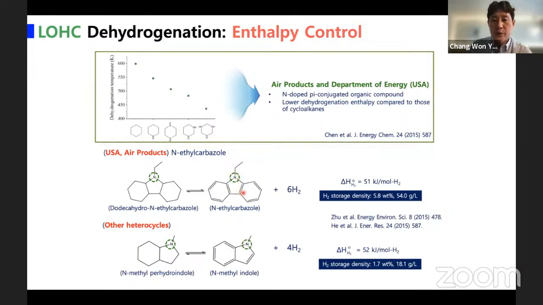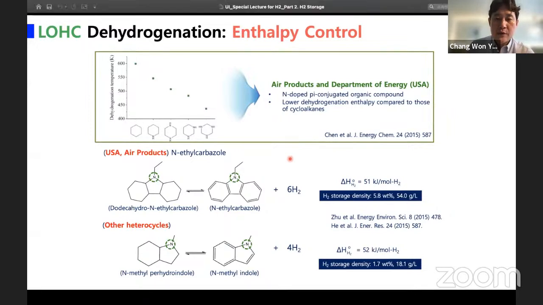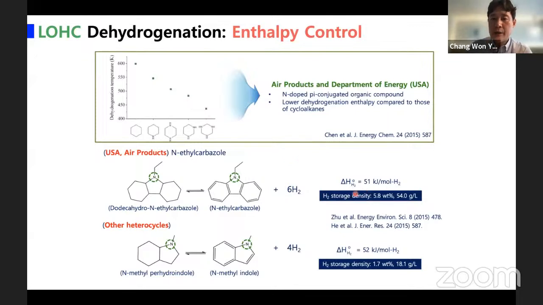In this way, when you store hydrogen, the stored hydrogen is released through an endothermic reaction, and the endothermic reaction enthalpy can be decreased to 50 kilojoule per mole hydrogen. In the case of toluene, for example, we made MCH, and MCH dehydrogenation requires a reaction enthalpy of about 75 kilojoule per mole, 68 kilojoule per mole of hydrogen.